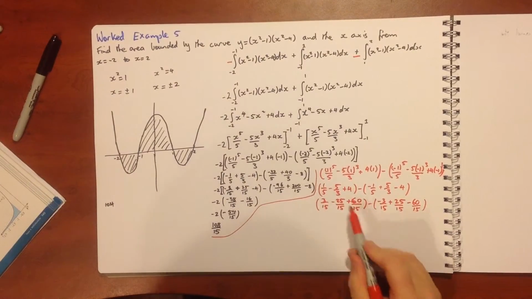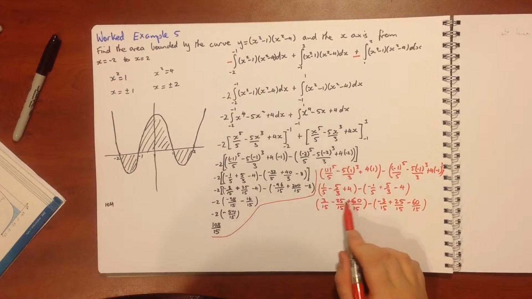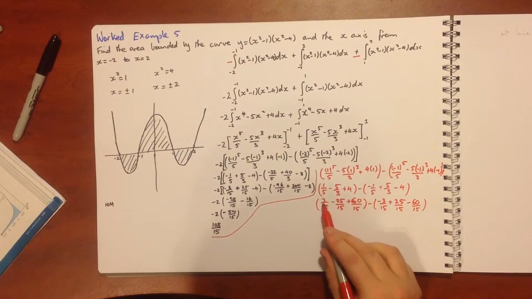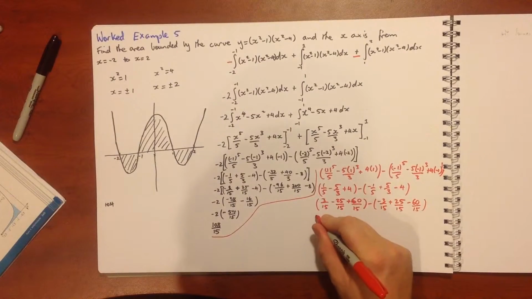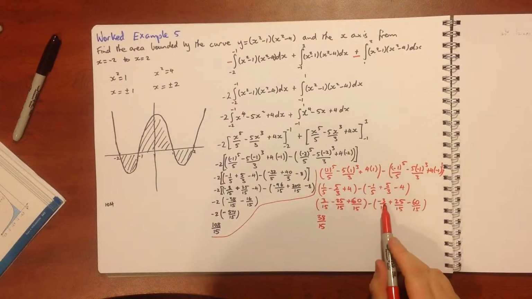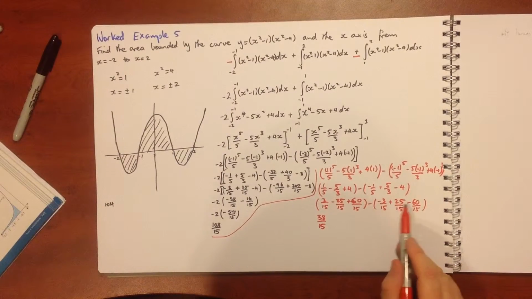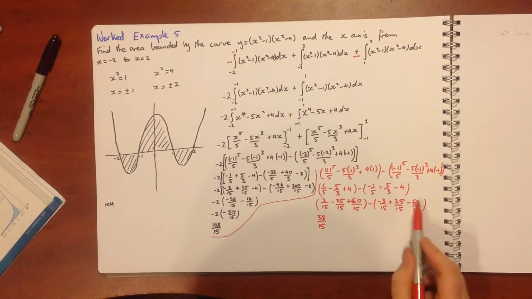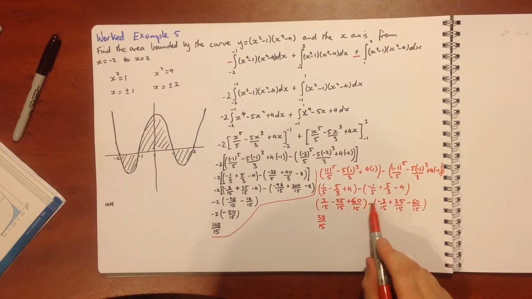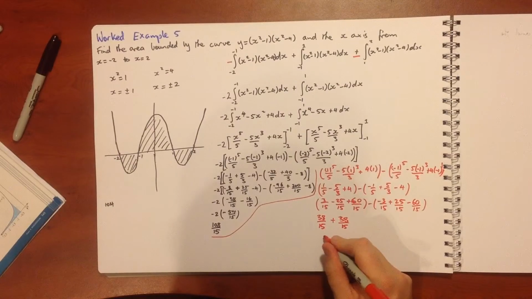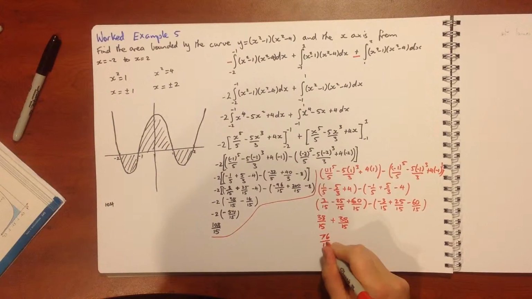So we're going to get down to our minus 25 plus our 60 is going to be 35 plus 3 is going to be 38 on 15. We're going to have positive 22, take away 60 is going to be negative 38, and we're going to add 38. It's going to be double negative, so it'll be another plus 38 on 15, which means we're going to be at 76 on 15.